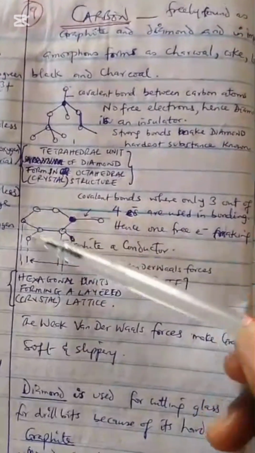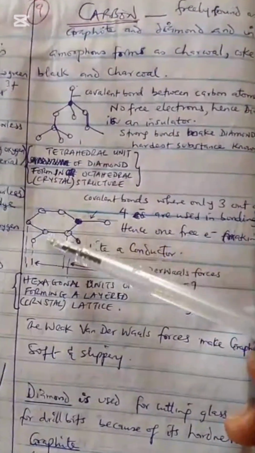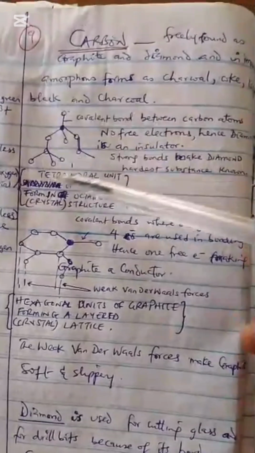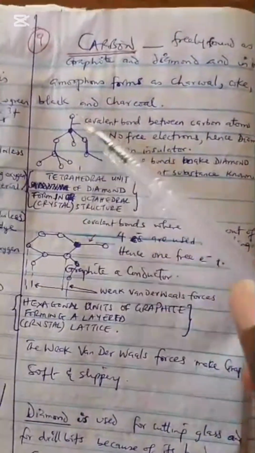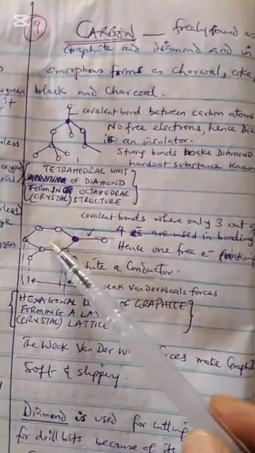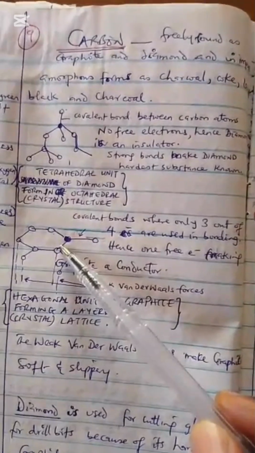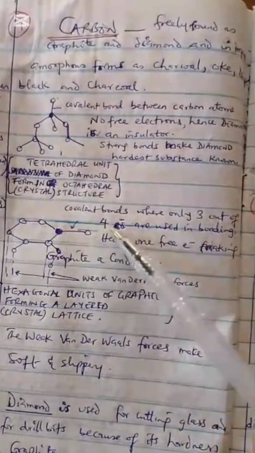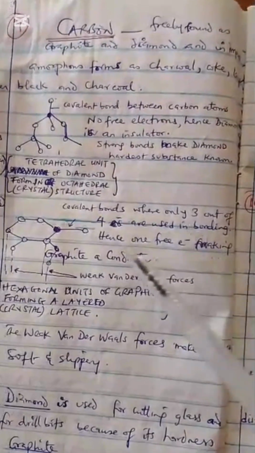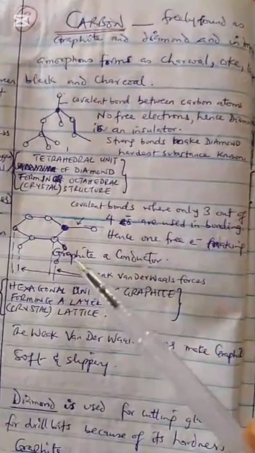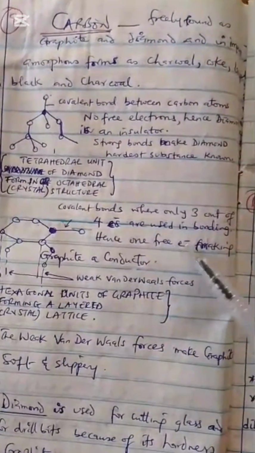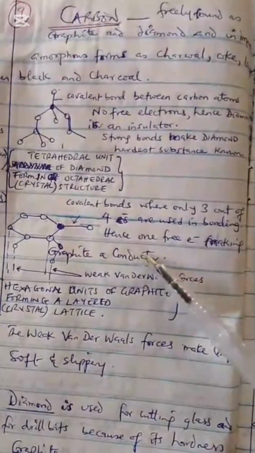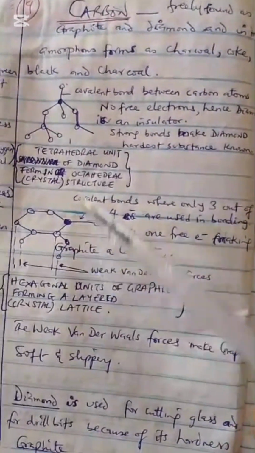This is what graphite looks like at the microscopic level, and this is what diamond looks like. One of the main differences is that the graphite structure has a free electron, with covalent bonds where only 3 out of the 4 electrons are used in bonding. Hence, there's one free electron, making graphite a conductor. This free electron is free to conduct electricity.